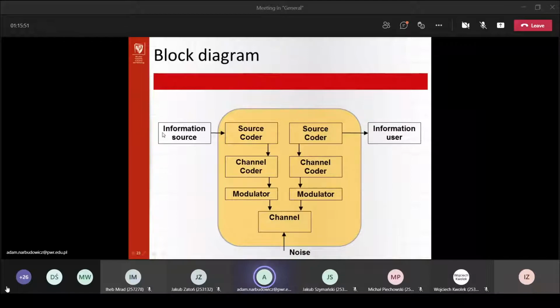So typically with the source coding, we are trying to process the information in a way to extract the key components out of that information. Okay, so typically when we speak about the source coding, we are taking our information and we are trying to basically strip it from unnecessary elements, right? Because the more elements you need to transmit, the less efficient you are, okay?